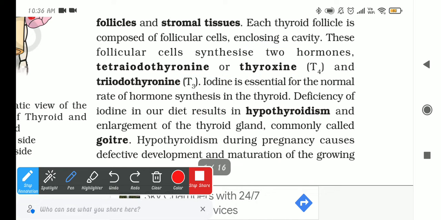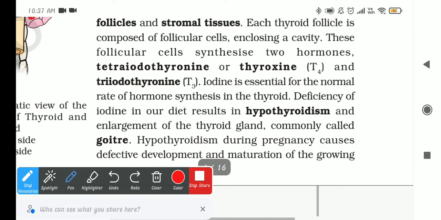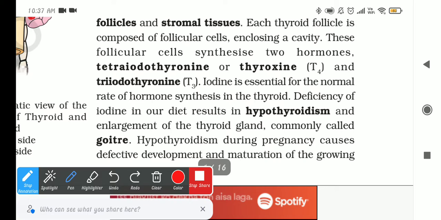Iodine is very essential. Everyone knows that if there is a deficiency of iodine, it will lead to goitre. Iodine is essential for the normal rate of hormone synthesis. If there is an adequate amount of iodine in your body, it will lead to the normal rate of synthesis of thyroid hormones.